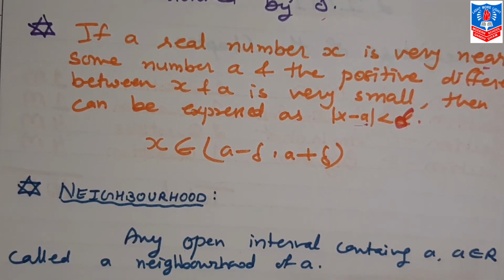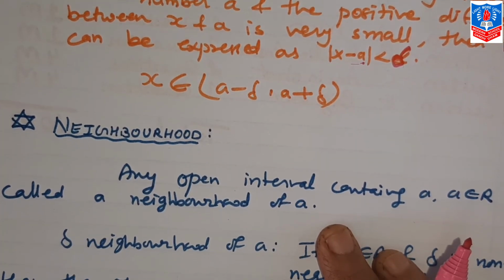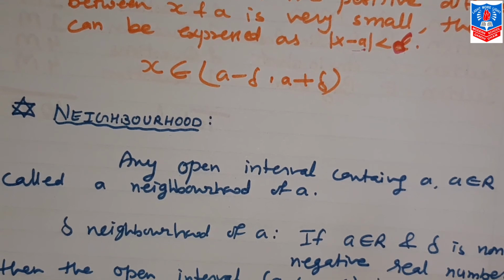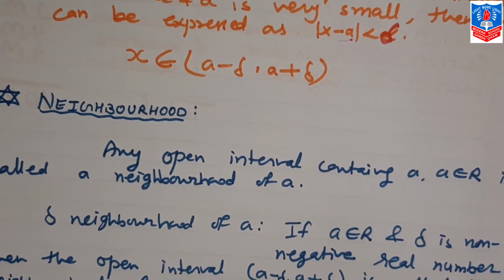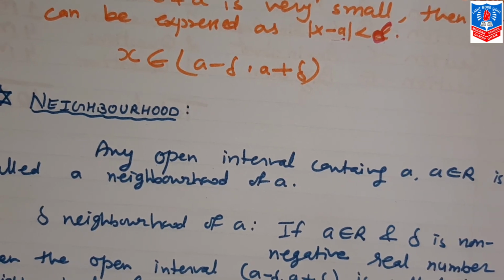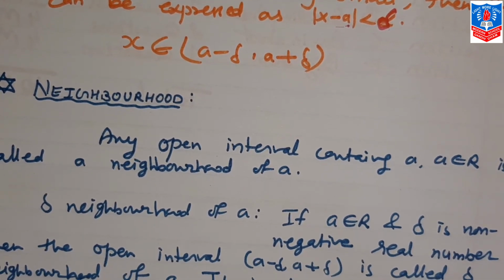Next, that is neighborhood. Now what is this neighborhood? Any interval containing a, where a belongs to R, is called a neighborhood of a.